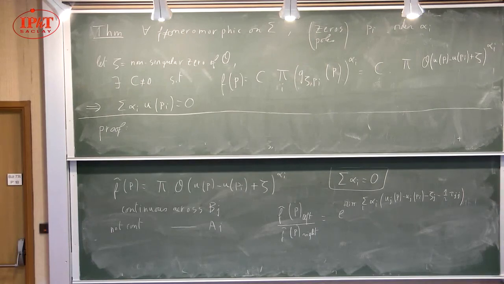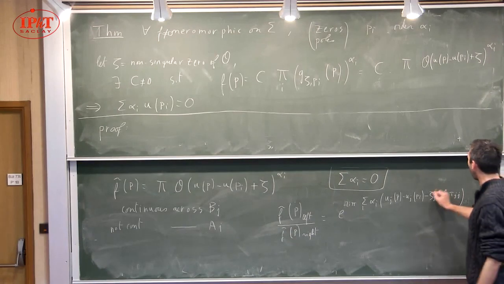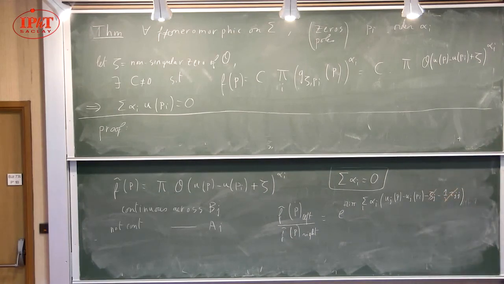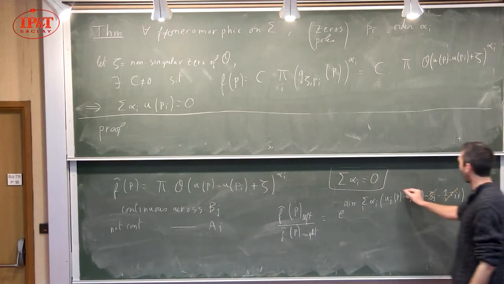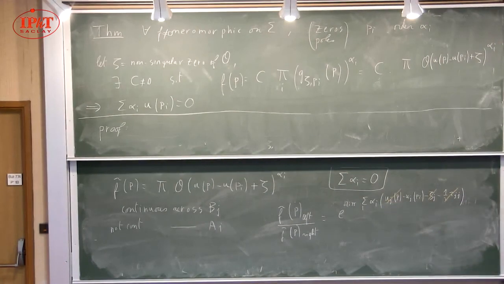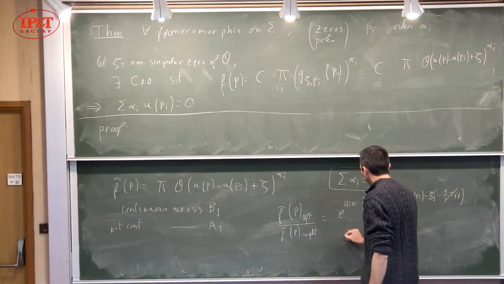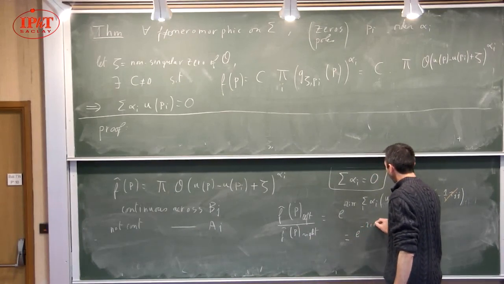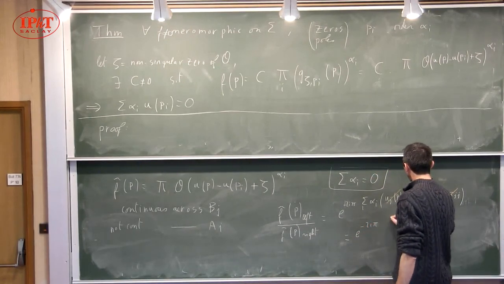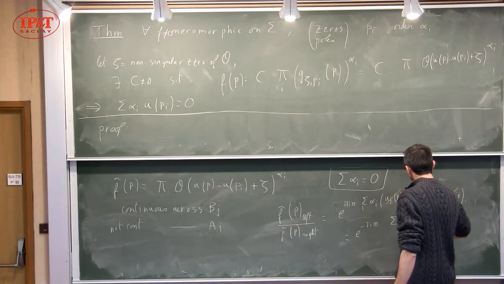Which means that in the sum over I, this plays no role. And uj of pi also. So in the end, this exponential phase is just exponential minus 2I pi sum of alpha I uj of pi.